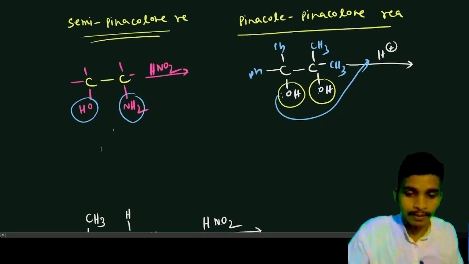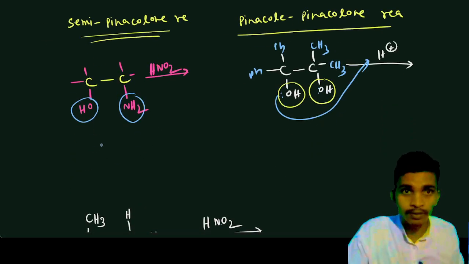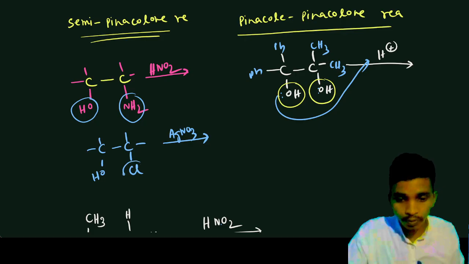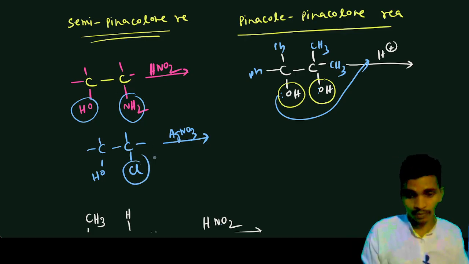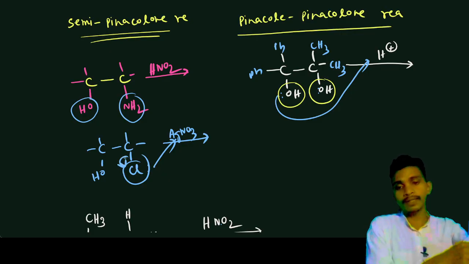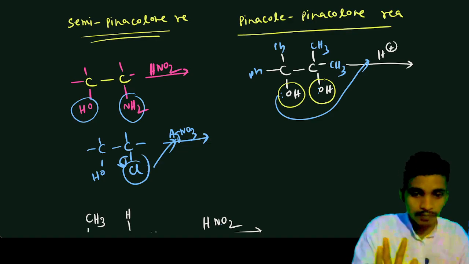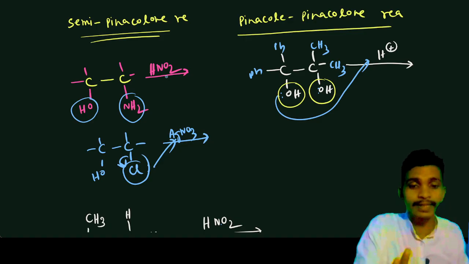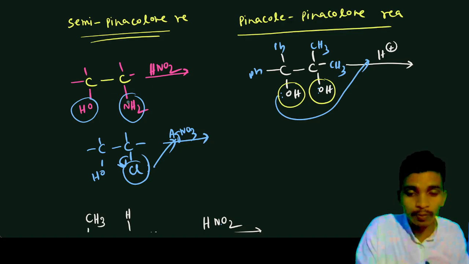Or suppose here we have OH on one carbon and a chlorine atom on the other, then the reagent should be AgNO3, so that this group is removed as a leaving group. So in the semi-pinacolone rearrangement, one carbon has OH and the other has some other group, with a reagent given such that this group leaves.